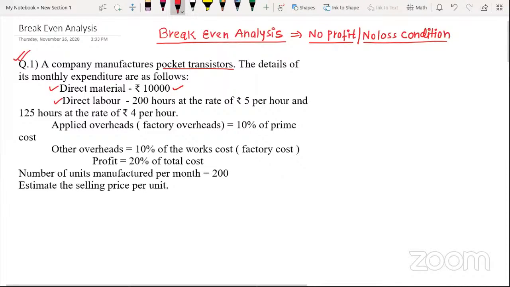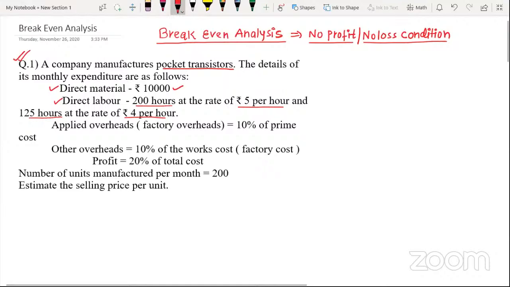Direct labor cost is given as 200 hours at the rate of 5 per hour and 125 hours at the rate of 4 per hour. So labor is charging on the basis of per hour.